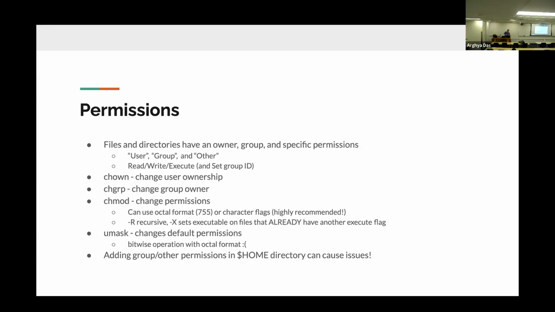If you want your umask to be that, it's 022, and you do this bitwise OR. If you're in computer science or have any familiarity with bitwise operations, that's what it's doing under the hood, which means it can get a little complicated. Usually it's easier to just Google a umask calculator to get the umask that you want. But once you set that, any files you create afterwards will come out with that permission.